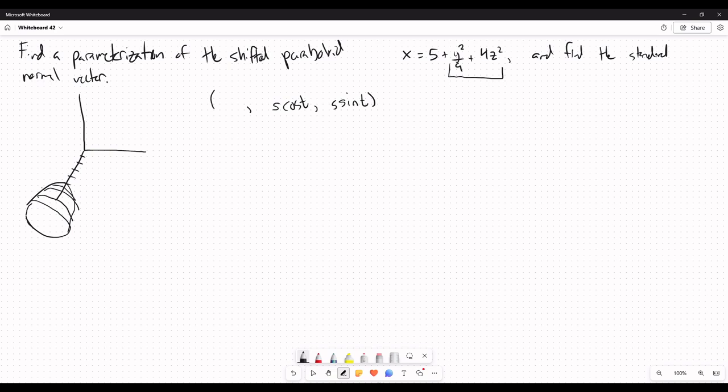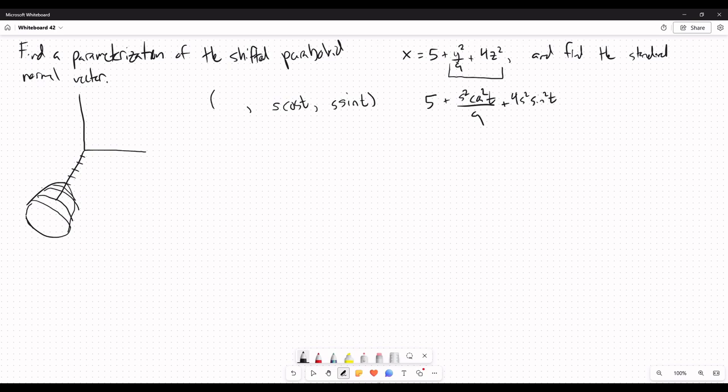Okay, so we have bunches of circles of different sizes. If I just plug these in to the right-hand side, I'll end up with something like 5 plus s squared cosine squared t over 9 plus 4 s squared sine squared of t.